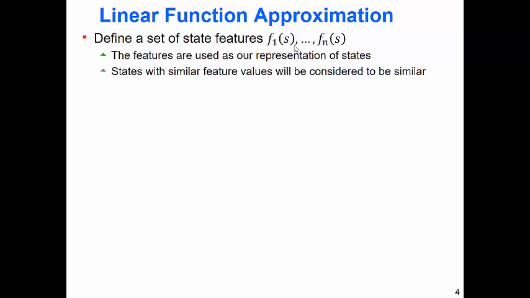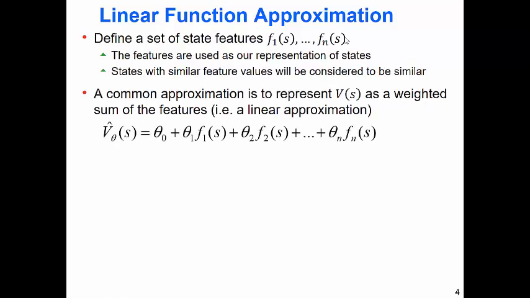If you're thinking of neural networks, you can really think of a neural network as, at the end of the day, producing some features at the top that are linearly combined. So it's a way of doing this linear stuff, but you're also automatically inducing the features. A linear function for a value is going to be something like this.